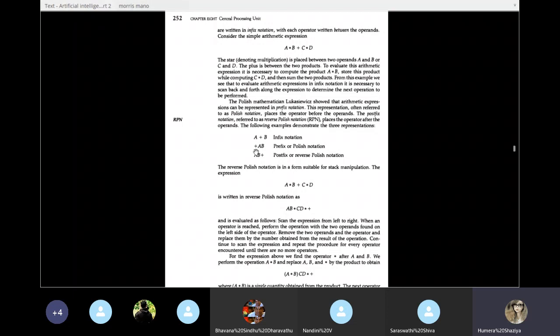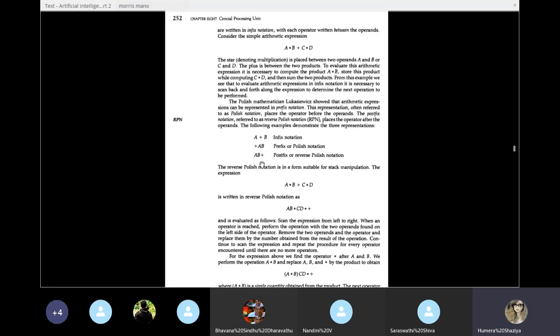Then what will the postfix notation be called? It is called reverse Polish notation. If prefix is called Polish notation, then postfix will be called reverse Polish notation, RPN. And what happens in reverse Polish notation?